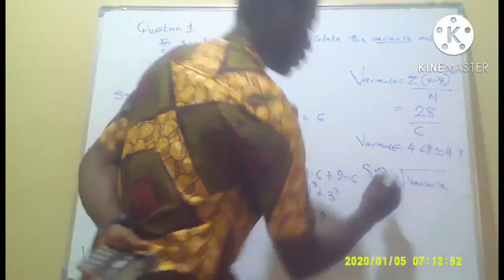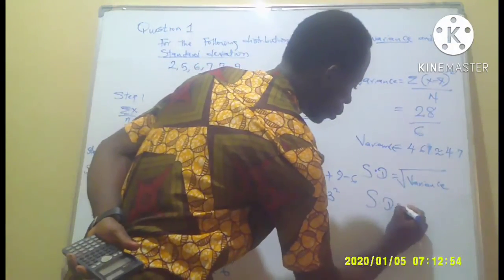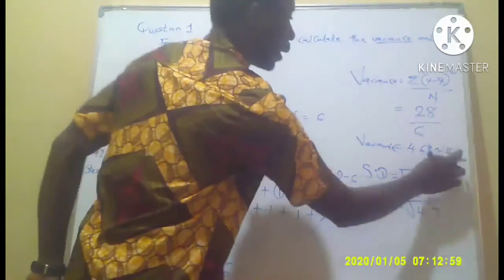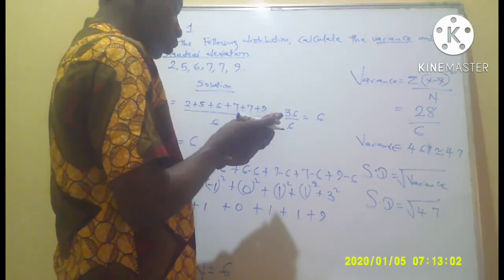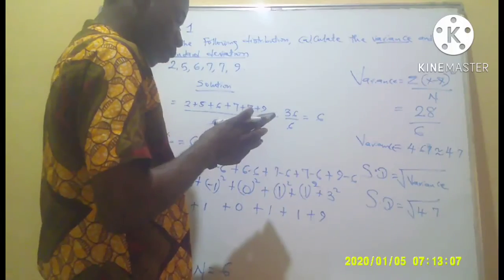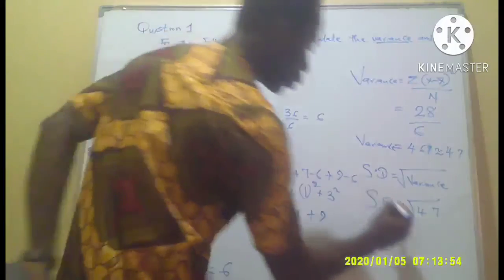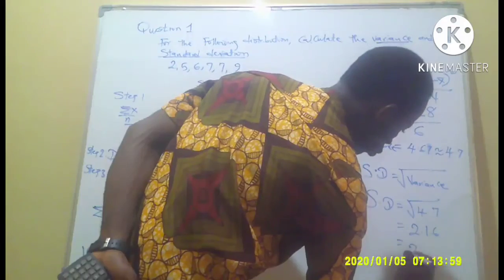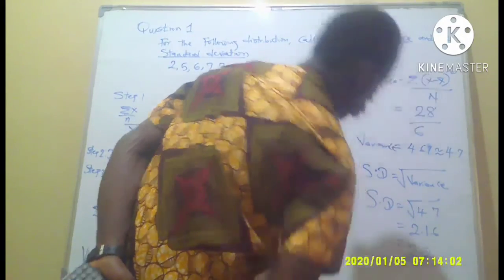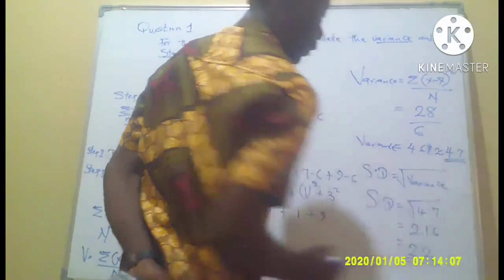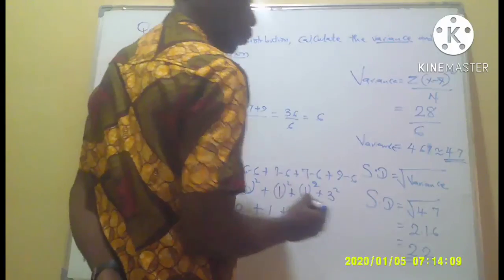Our variance is 4.7. So the standard deviation is equal to the square root of 4.7, which gives us 2.16. So the standard deviation is 2.16, approximately 2.2. So the value for the variance from the question is 4.7, and the value for the standard deviation is 2.2.